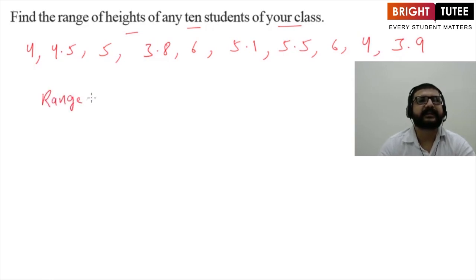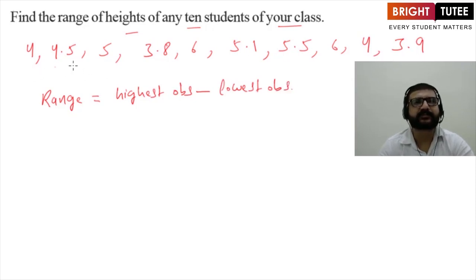Now we have to find the range of this data. How can we find the range? We know range is equal to highest observation minus lowest observation. So what is the highest observation here in this collection of heights? The highest observation is 6 feet. And what is the lowest observation here?